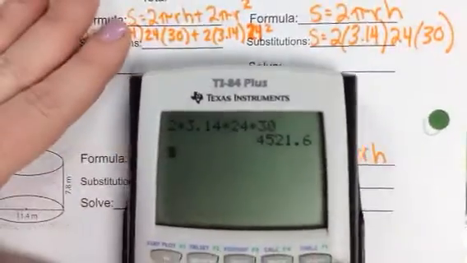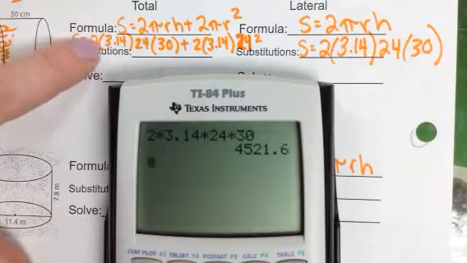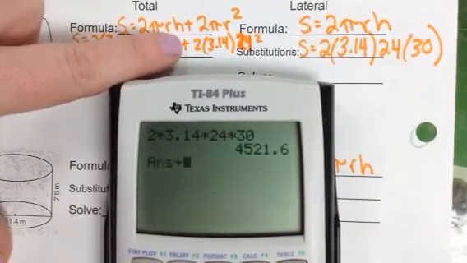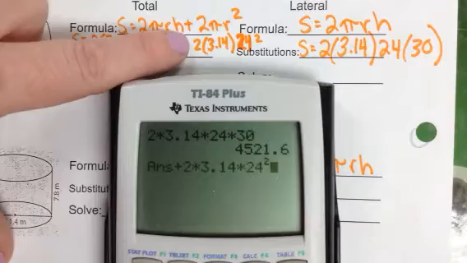I'm going to leave that one on my screen because it's the same as how this one starts. So I'm just going to pick up from the plus 2 times 3.14 times 24 squared.